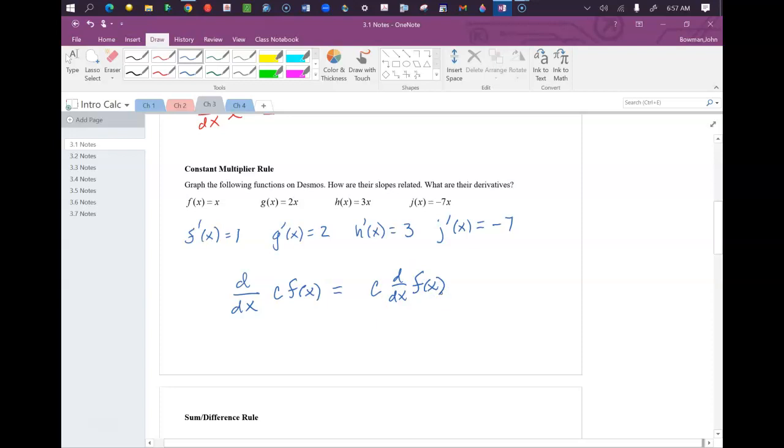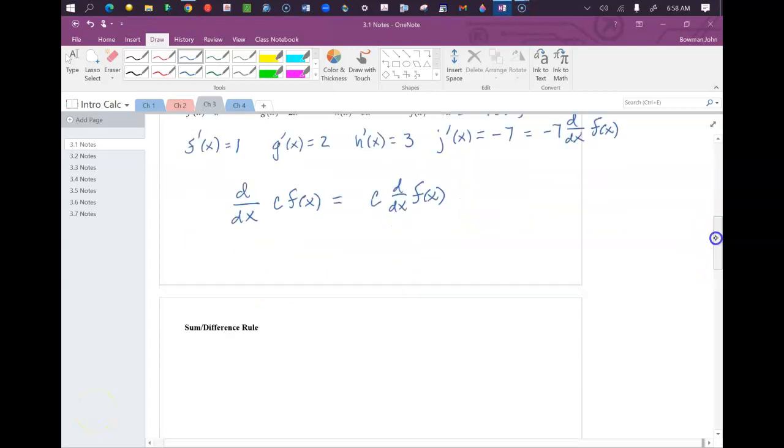So for example, you could see that j of x is equal to negative 7 times f of x, and therefore the derivative of j of x is negative 7 times the derivative of f of x. So literally you can factor a constant out before you take the derivative of a function.